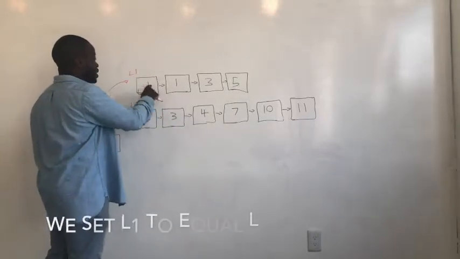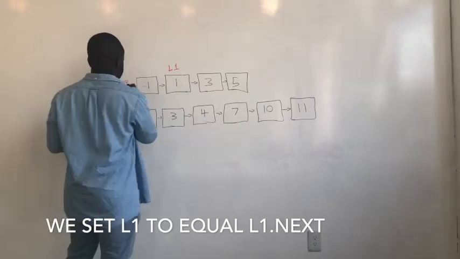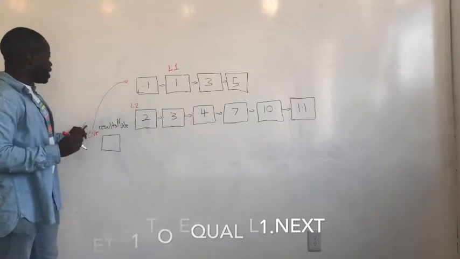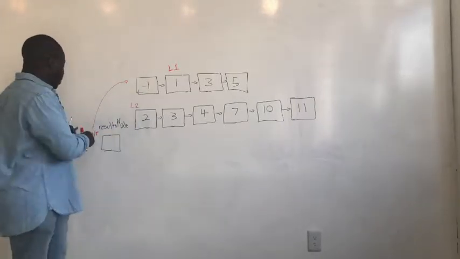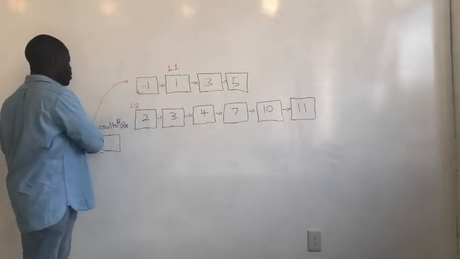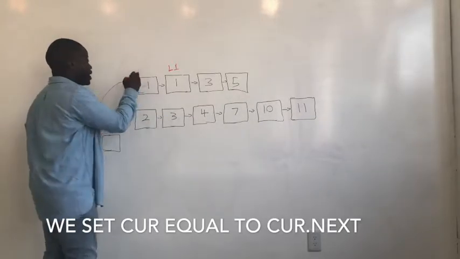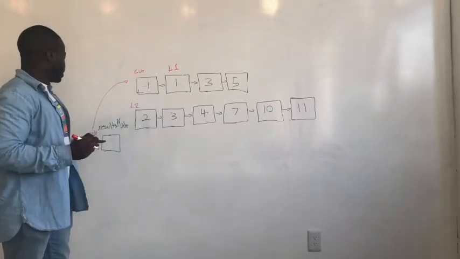So now we just need to update L1 to point to the next node in its own list. And then once cur.next is pointing to here, we need to update cur as well. Since we've updated L1, we need to move cur to equal cur.next, which will be over here now. So this is where cur is pointing.